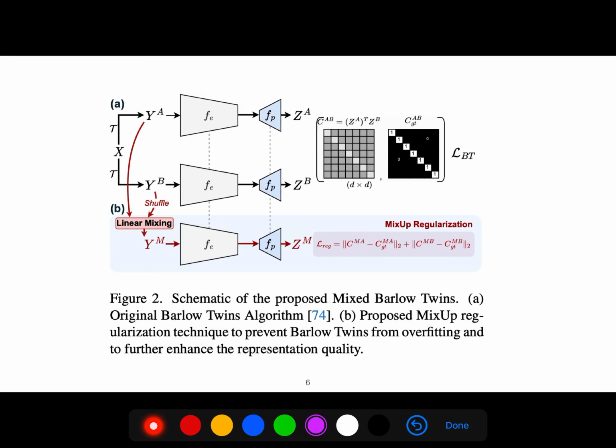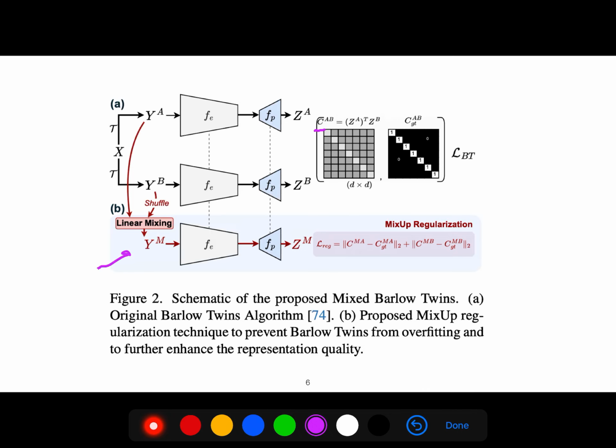And here is the schematic of the proposed mixed Barlow Twins. A is the original Barlow Twins algorithm that used this cross-correlation matrix here. But here they add something more in their model.